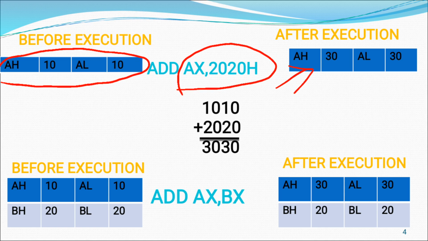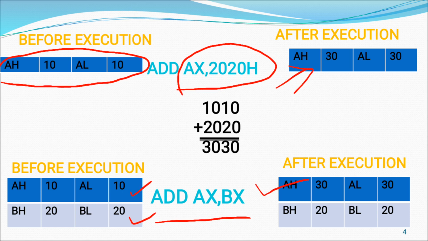Okay. Next, ADD AX comma BX. The content of AX is going to be added with the BX register. Let us say the content of AX is 1010 and BX is 2020. If we add 1010 with 2020, the result will be 3030.